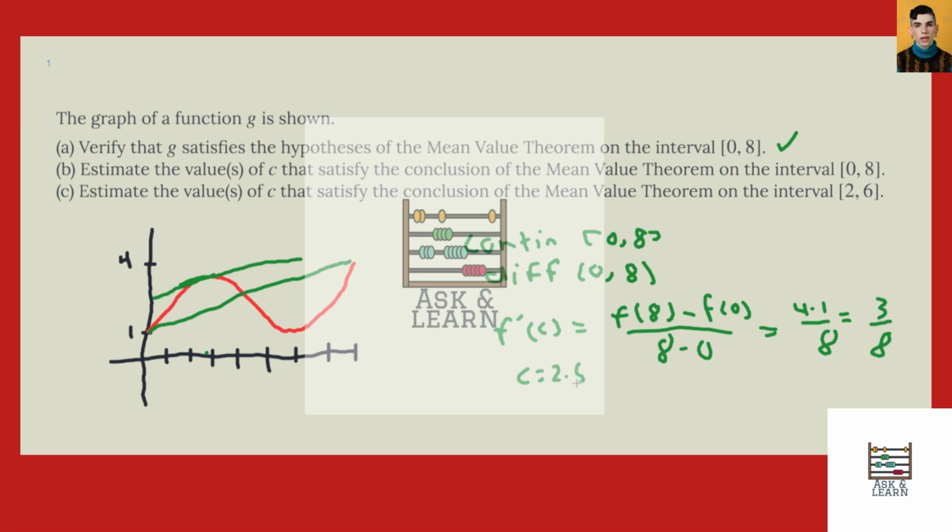But we're not done yet. This conclusion tells us that there is for sure at least one value of c that exists. And if you look closely, there's actually another one. If you look at this point right here, it's a little hard to tell on this graph because it wasn't drawn as neatly, but you can see that this is also parallel to the slope.